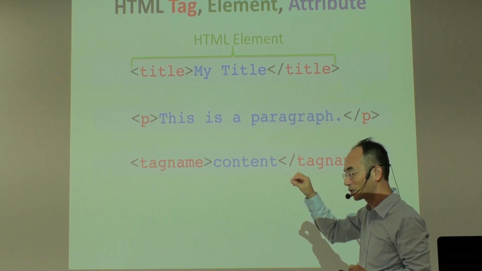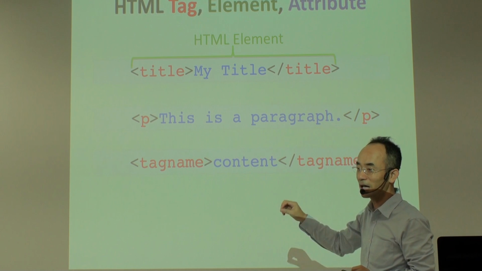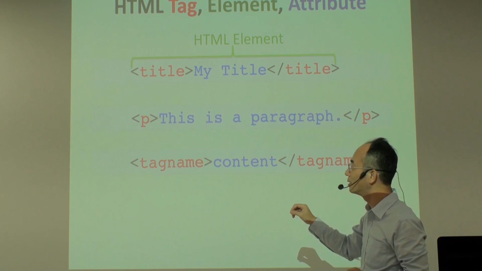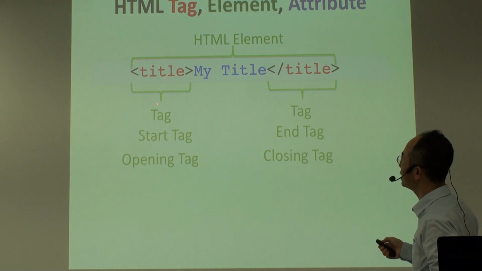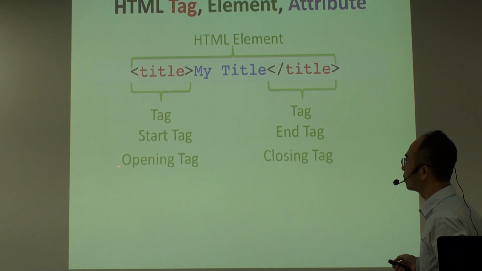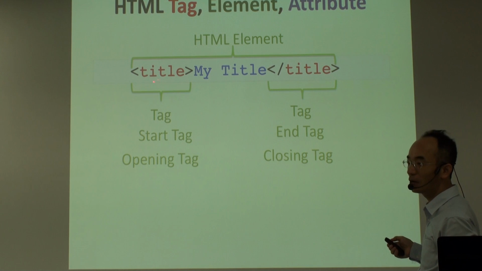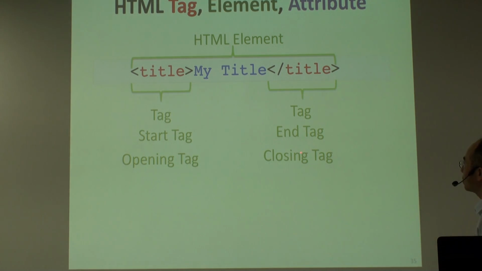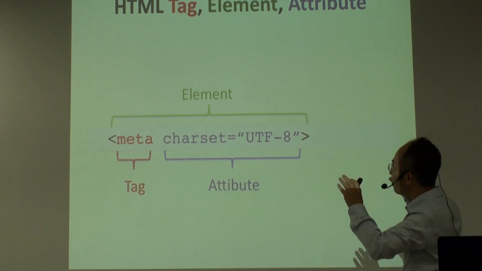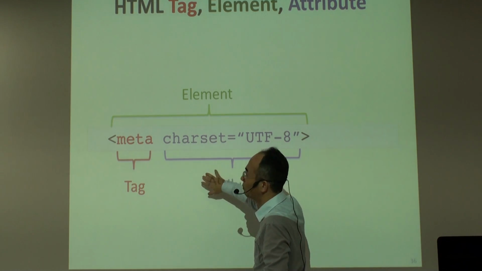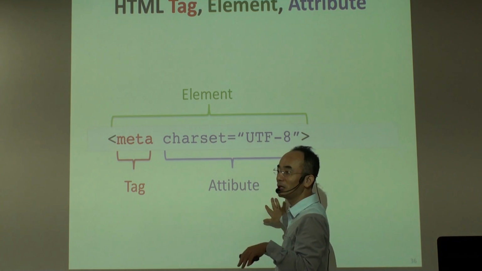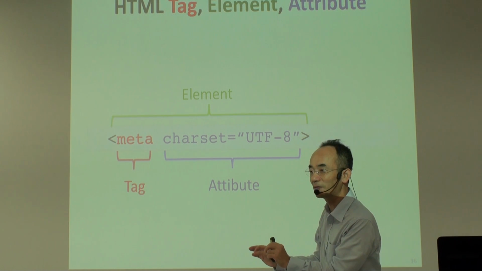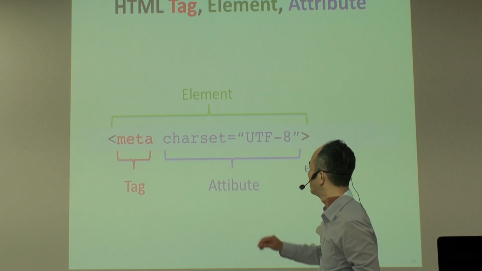Exclamation mark, doctype html tag. So here is the html tag. Here we call this a tag, or start tag, or opening tag, with the title. And here is the end tag, or closing tag. So these are HTML elements. And what are attributes in HTML elements? They are very important, especially when you are designing your JavaScript or CSS.